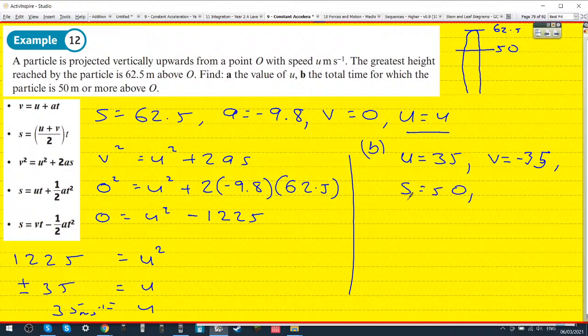And A is minus 9.8. And we're working out T, so we don't need A.